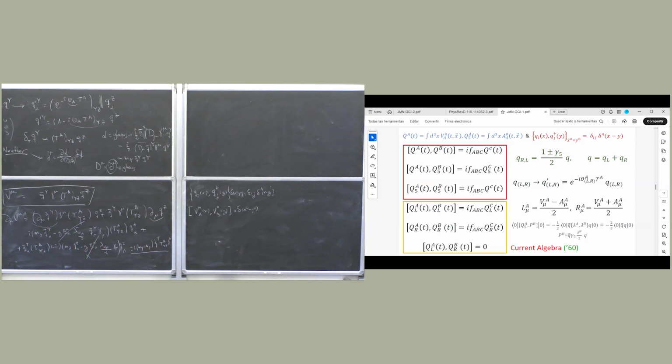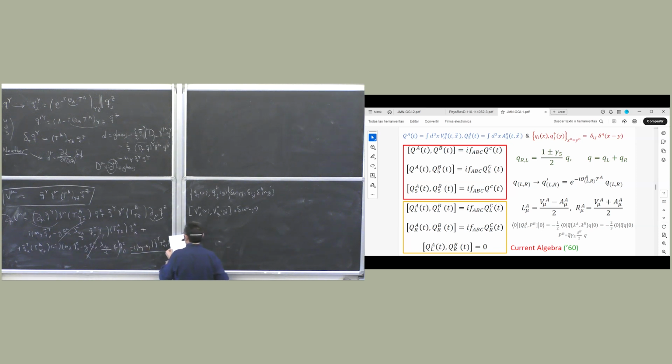And f^{ABC} are the only difference between Q and V. What is the difference between Q and V? That you have to integrate over the space, right? That you have to integrate over the space. Okay.